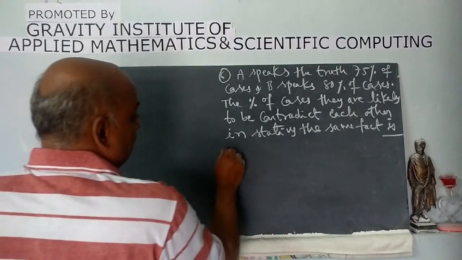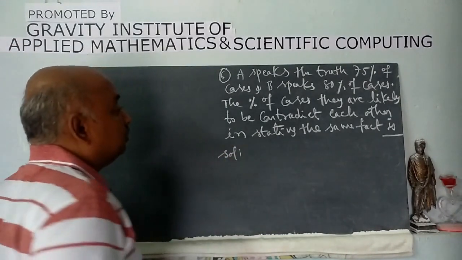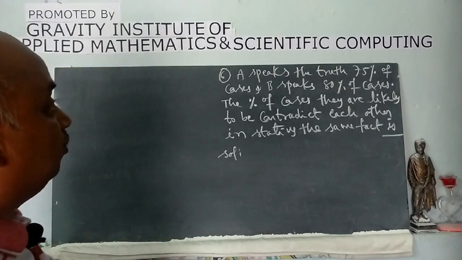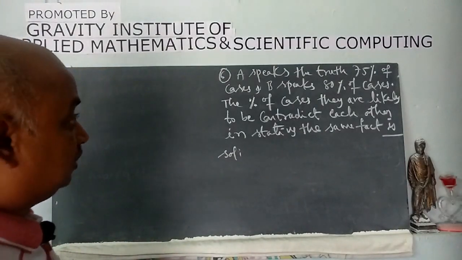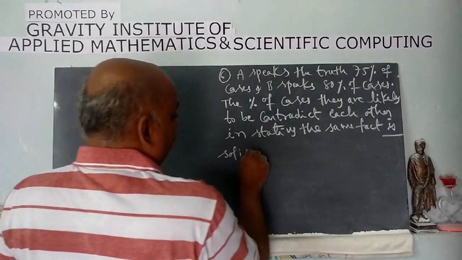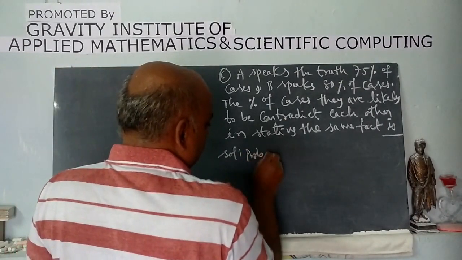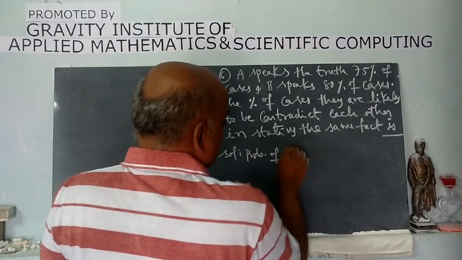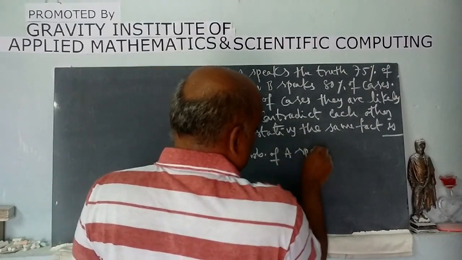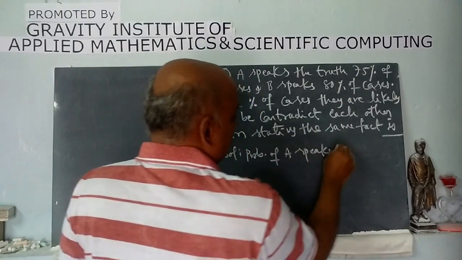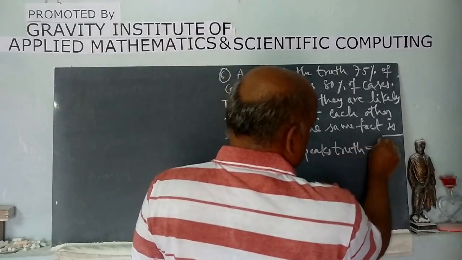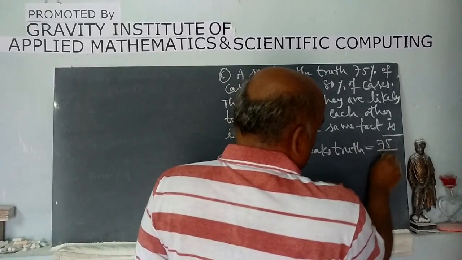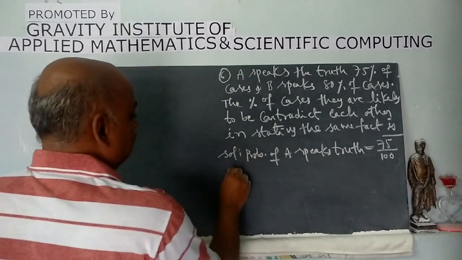Here is the solution. Probability that A speaks the truth is 75%. So probability of A speaks truth, P of A, is 75 by 100.